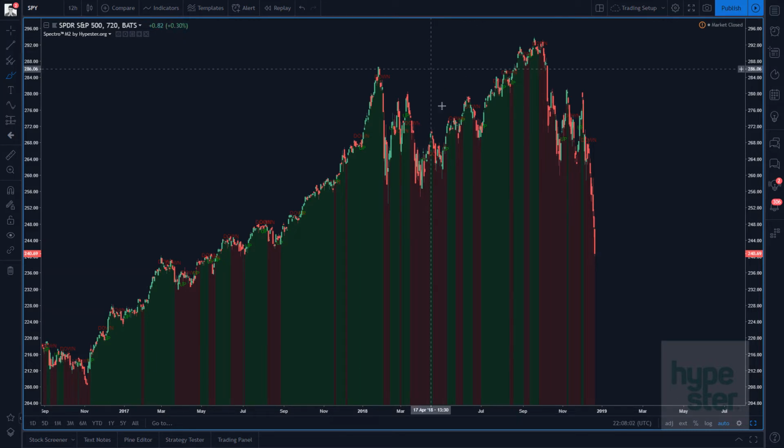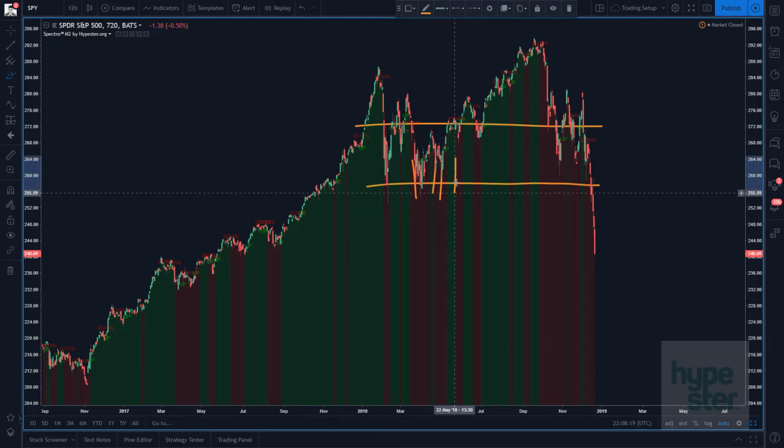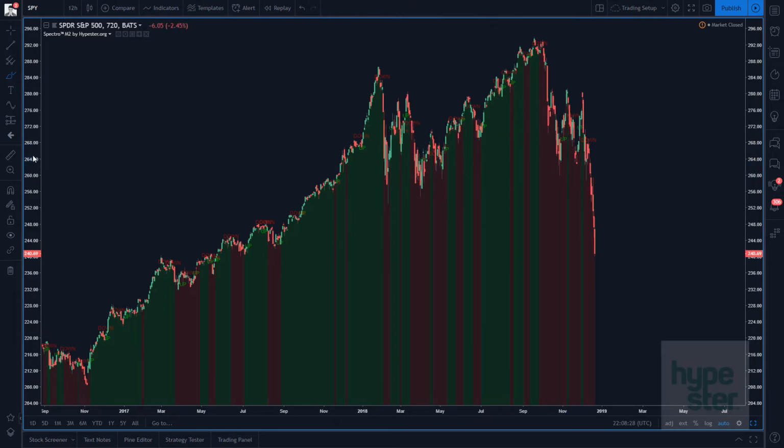This kind of determines distribution and accumulation areas. So in a bullish momentum, when you start to see a lot of bearish volume, and it starts to appear more often and more often, a reversal is going to pop up really soon.